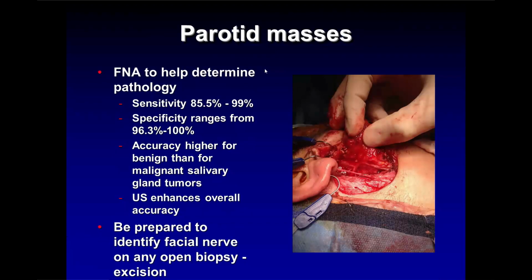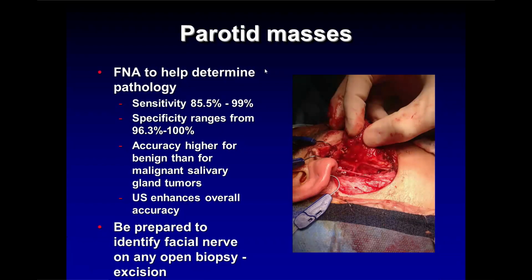The accuracy is higher for benign than for malignant salivary gland tumors, but I typically do needle all of these because if you do have a malignancy, it does affect your surgical plan. You typically want to address surrounding lymph nodes as well, based on the pathology, and that's important for preoperative counseling. In terms of fine needle aspirate, ultrasound enhances the overall accuracy.